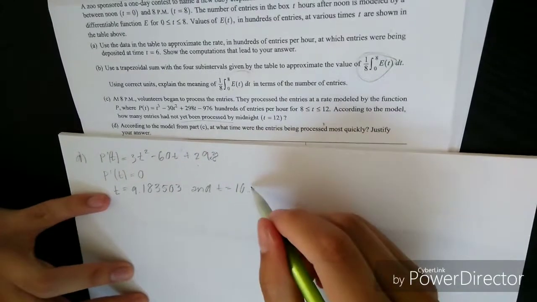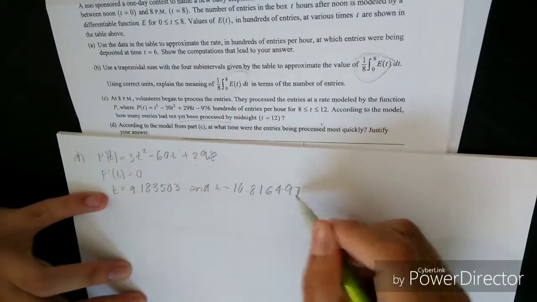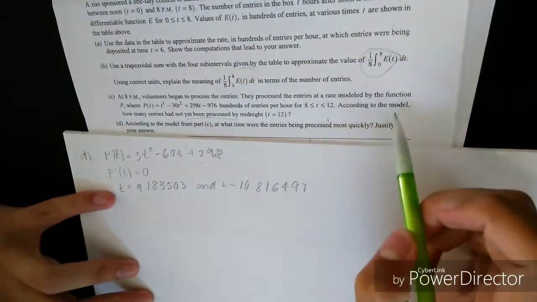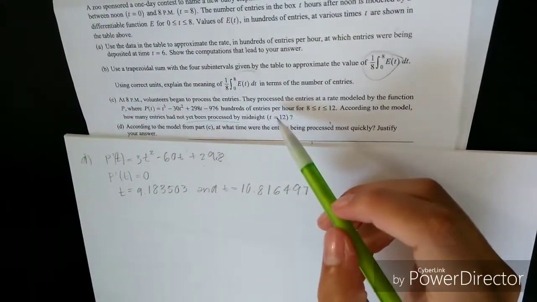The first one is t equals 9.183503, and the second one is t equals 10.816497.